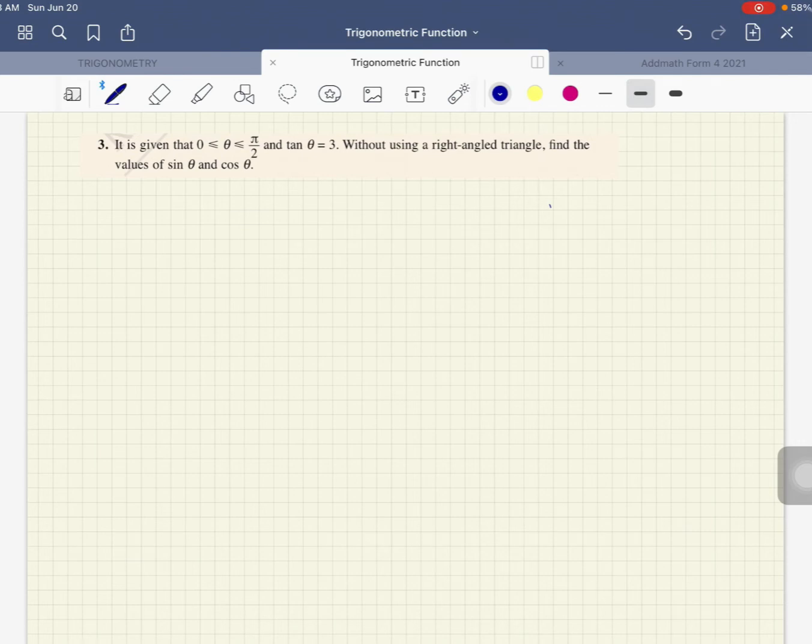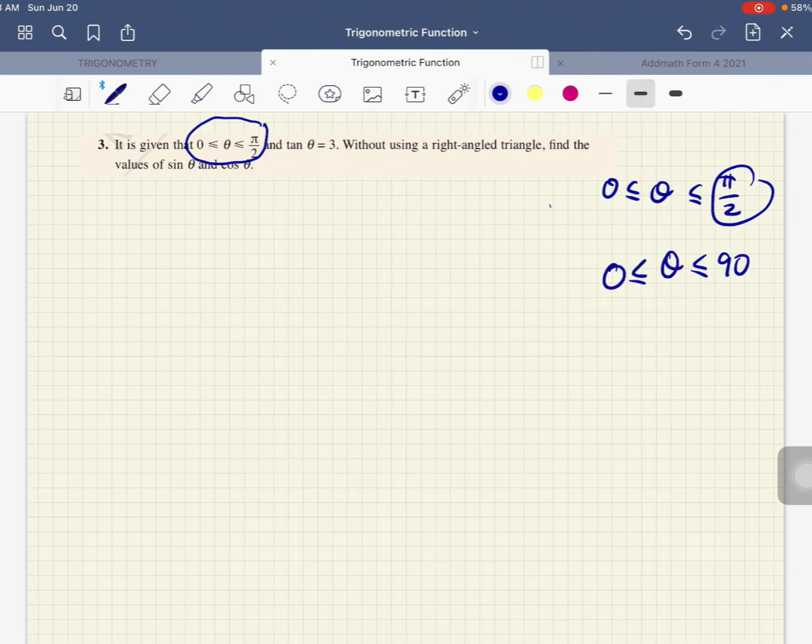From the restriction here, theta is between 0 and pi over 2, meaning it is between 0 and 90 degrees. So tangent theta is equal to 3, so we know that tangent theta is equal to sine theta over cos theta, which is equal to 3 over 1.